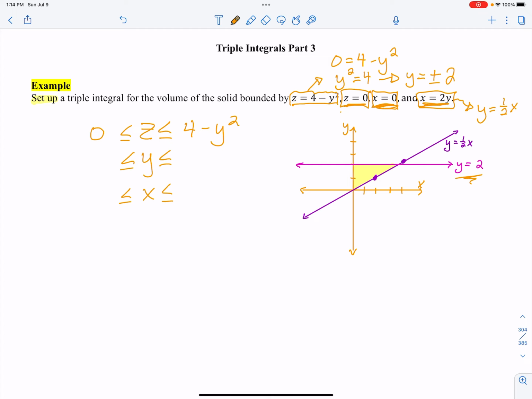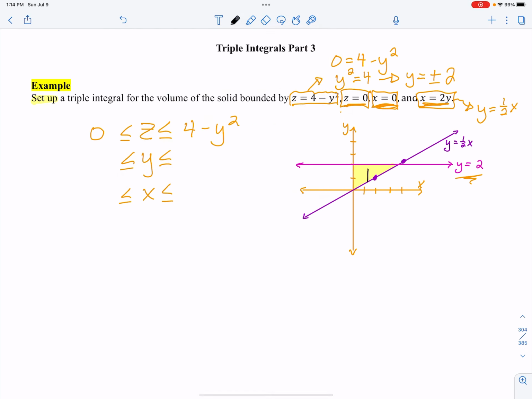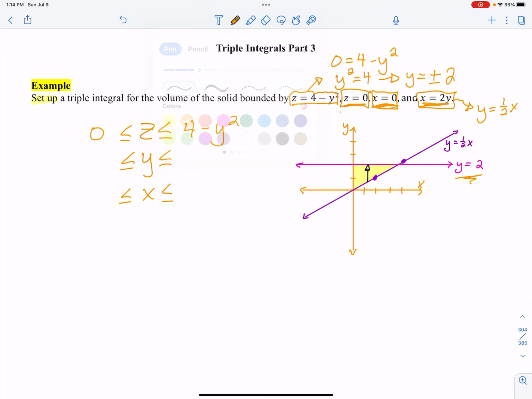Now, for y and x, we get to decide which way we want to do this. We could do it a couple of ways. I'm just going to do it the way I have it set up. If I look at where y goes, it goes from the purple line up to the pink line the whole time in that region. So y is between 1/2 x and 2.